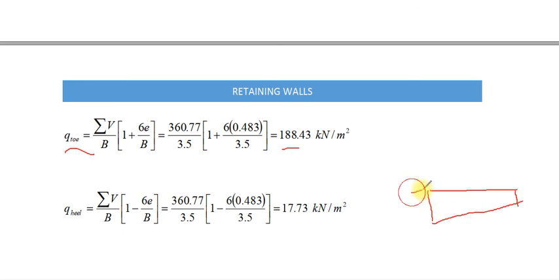Here is 188 kilonewton per meter square, and here is 17 kilonewton per meter square. The stress distribution at the toe and the heel. This is the toe and this is the heel of the base of the retaining wall.